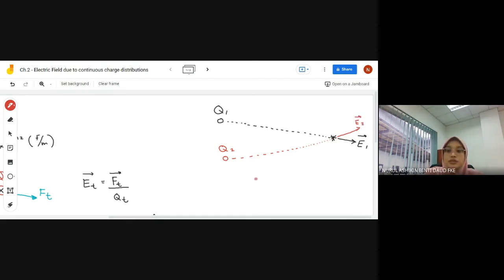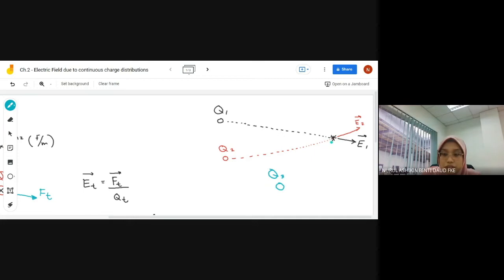Okay, so let's think that we have another point charge, let's say that it is Q3 now.